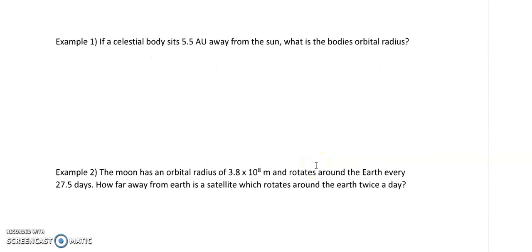So let's take a look at an example here using Kepler's equation. In this case, a celestial body sits 5.5 astronomical units away from the sun. What's its orbital radius? Well, that's a very poorly worded question.